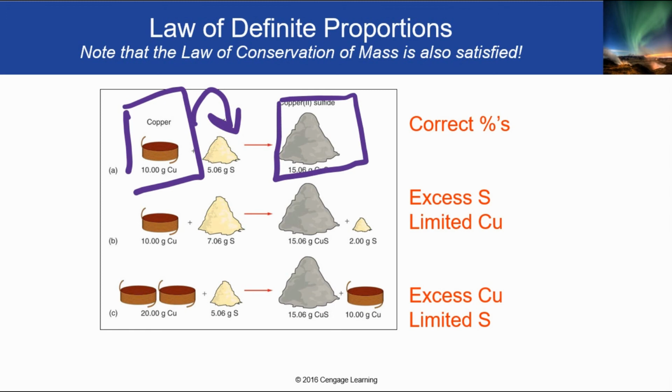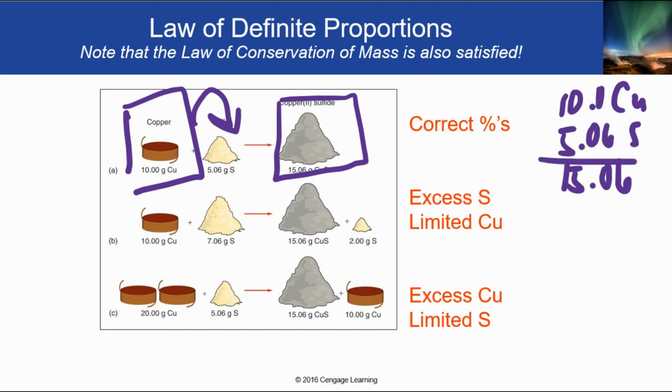So, pag tinignan natin, yung total niya ay, kasi inadd natin yung 10 grams ng copper at saka 5.06 grams ng sulfur. So, ang total niya ay 15.06. So, ganun lang lagi siya mangyayari.